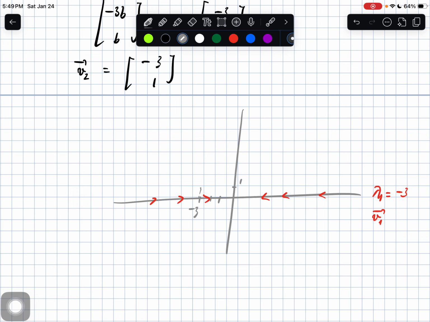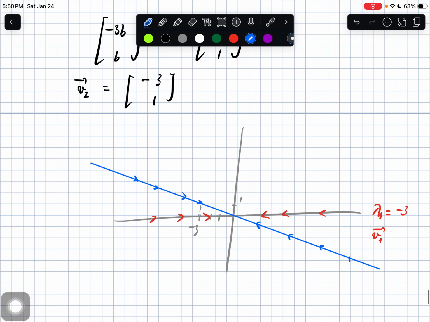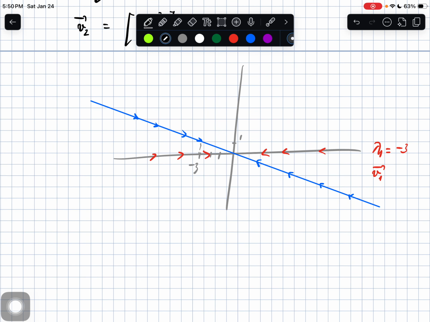So this gives us these vectors. And then we have this line. So again we have a sink. Stable sink.